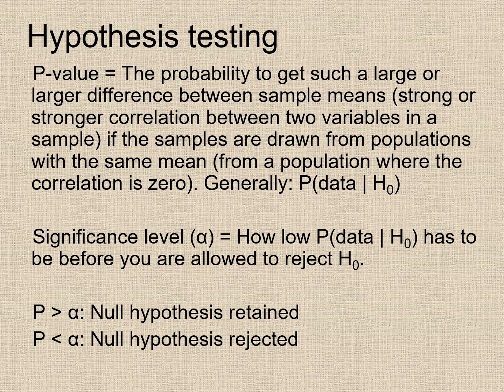We are, so to speak, not allowed to claim that there is a difference between the population means on this variable. However, if the p-value becomes lower than the significance level, lower than 0.05, then we are allowed to reject the null hypothesis. Then we are allowed to claim that there is a difference between the means in the two populations.